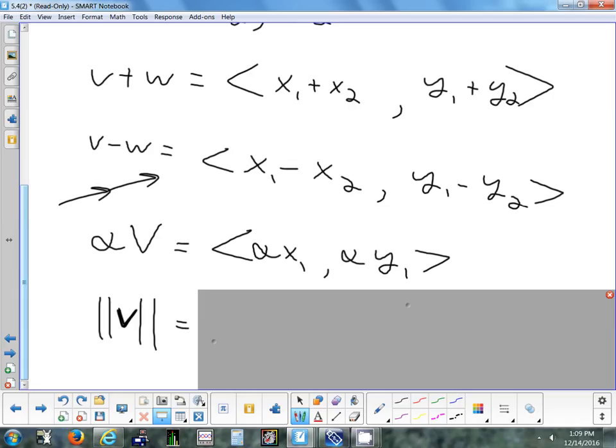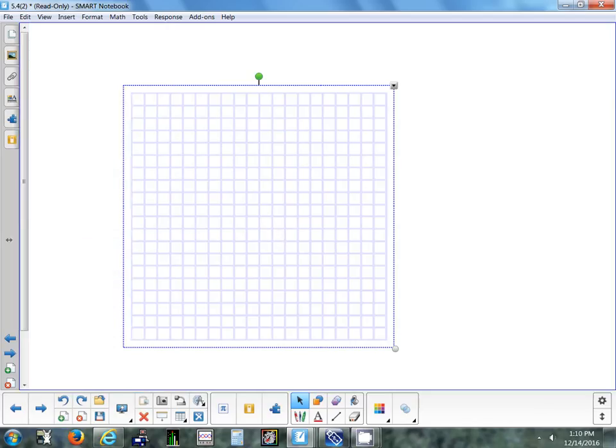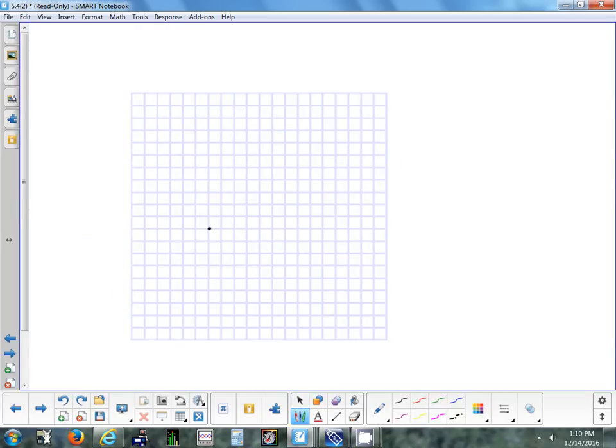So if I drew a vector from here to here, how could I find the length of what I just drew? I can't count, right? If I went like this, I could just count 1, 2, 3, 4, because it's straight. But this is kind of at an angle, so I can't count.